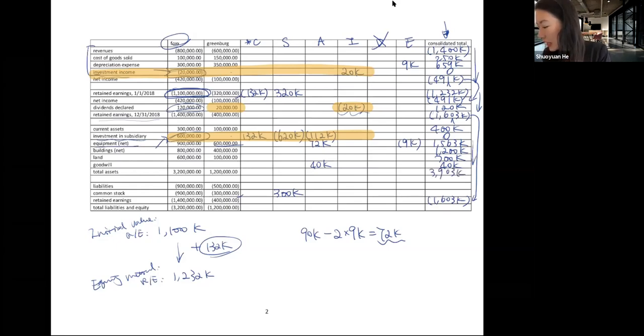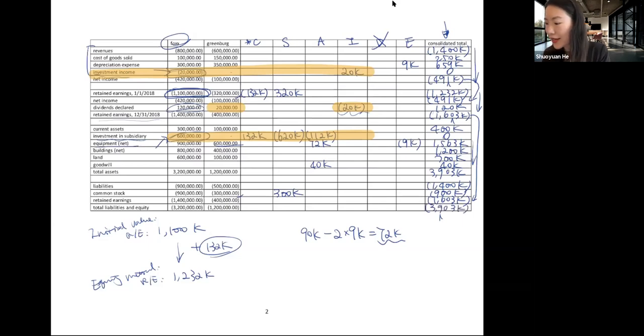And then liabilities will add up to 1.4 million. Common stock adds up to 900,000. And then your total liabilities and shareholders' equity would add up to 3.903 million as well.